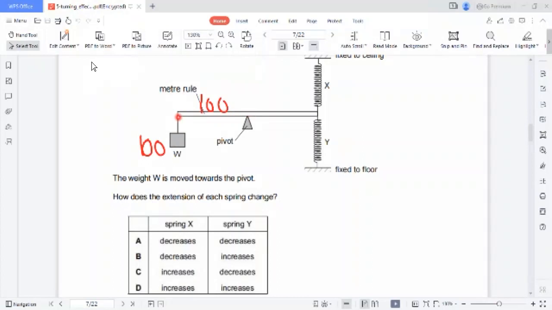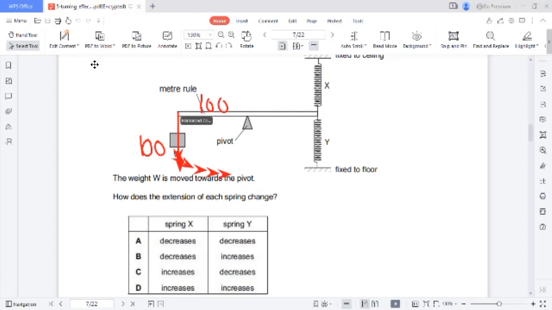But if the object is here and we move it here, the perpendicular distance decreases, which means the anti-clockwise moment will decrease. You can see that this weight is actually responsible for the anti-clockwise moment.